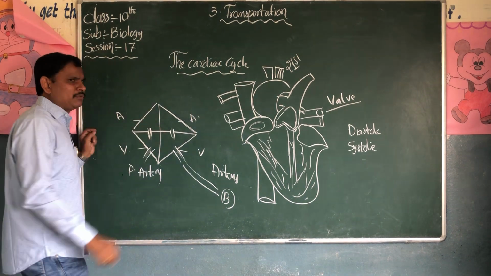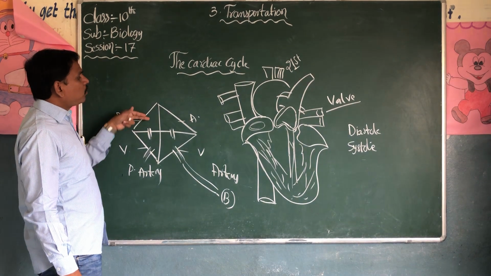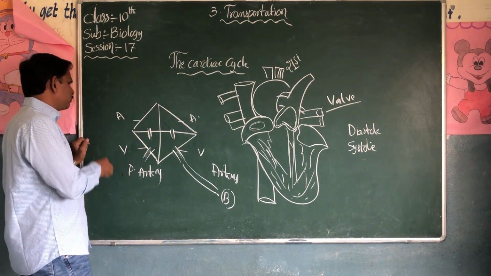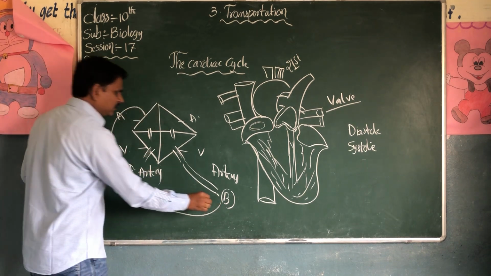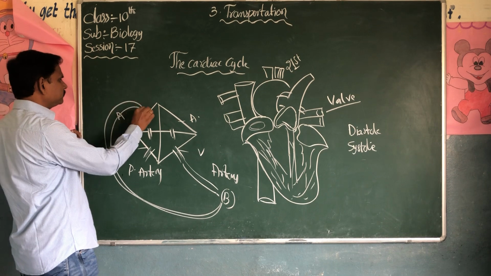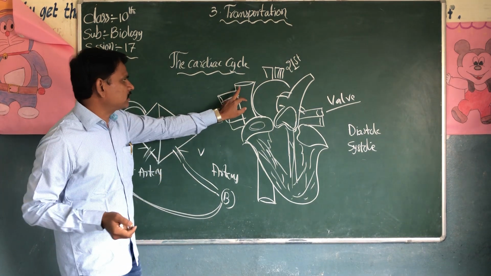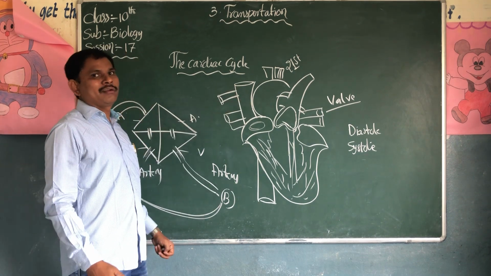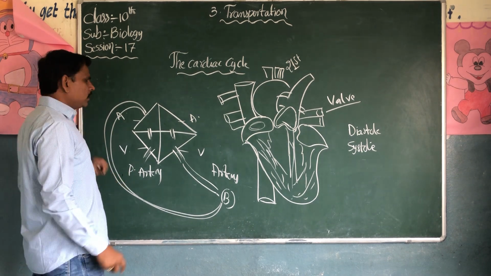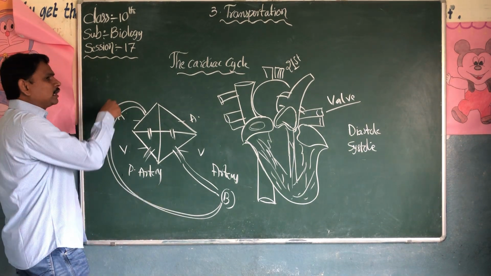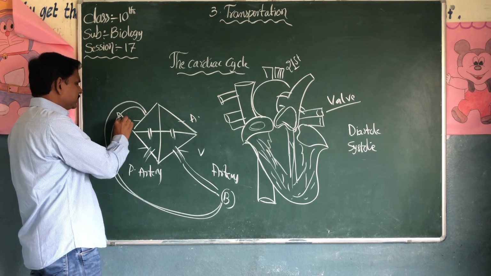So there are 2 blood vessels carrying the blood into the heart. The first ones are the superior vena cava and posterior vena cava. We talked about the superior and posterior vena cava. The vena cava is nothing but veins. The vena cava transports the blood into the right atria.